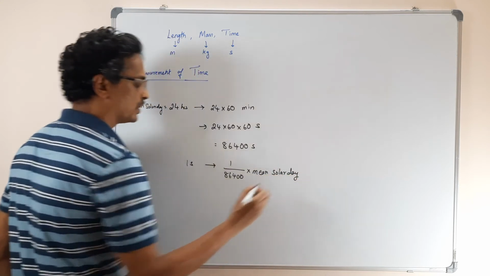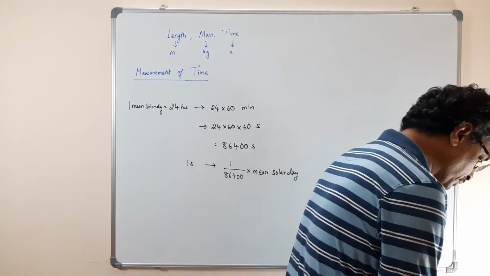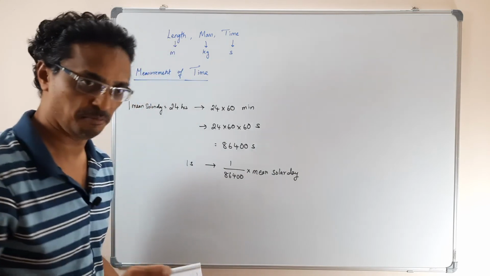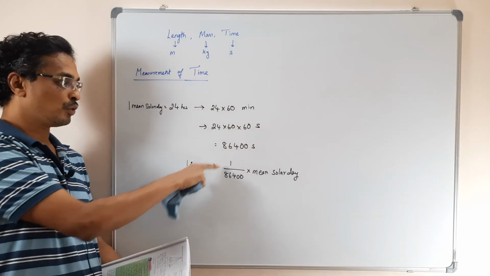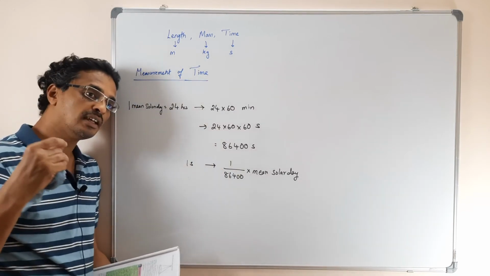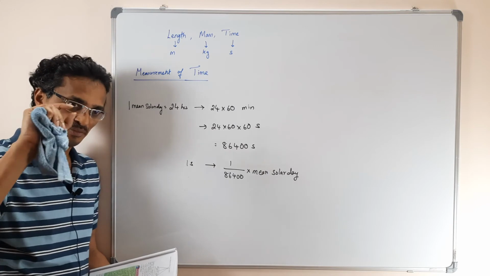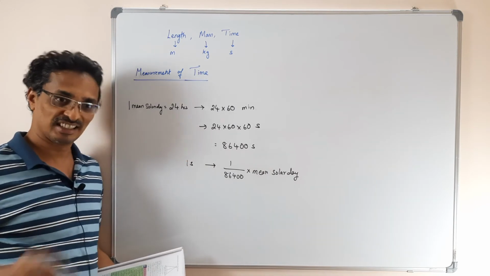So this was used as the unit of measure of time. Again, time also needs a reference value. So 1 by 86400 times the mean solar day was used as the unit of time, and all other times are measured in terms of that unit.